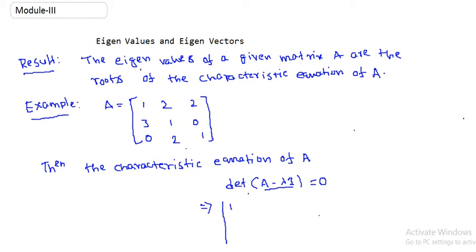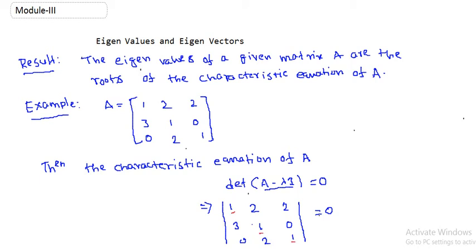First write down the matrix 1 2 2, 3 1 0, 0 2 1. Now we subtract lambda in the main diagonal. So in the main diagonal we have the entries 1, 1 and 1.